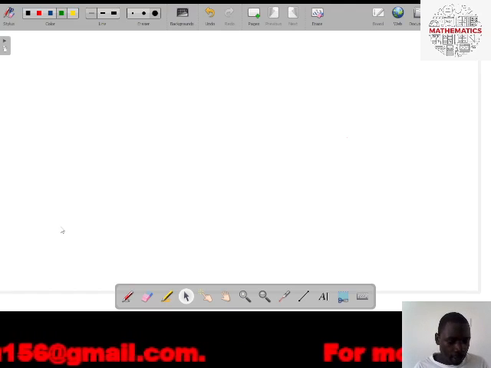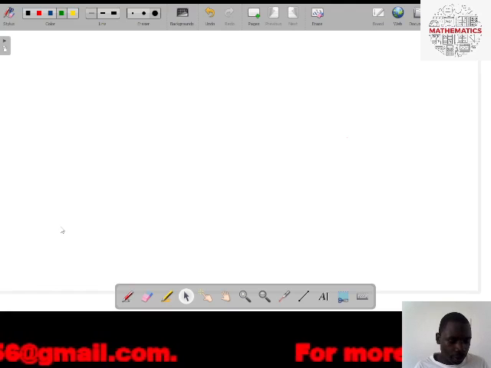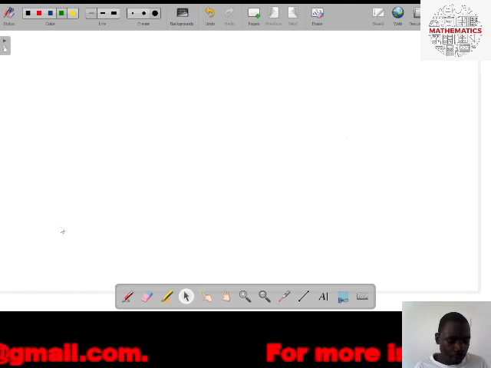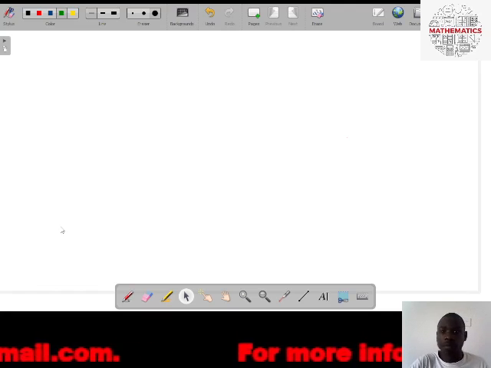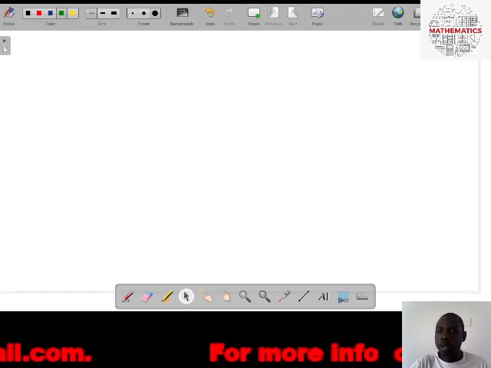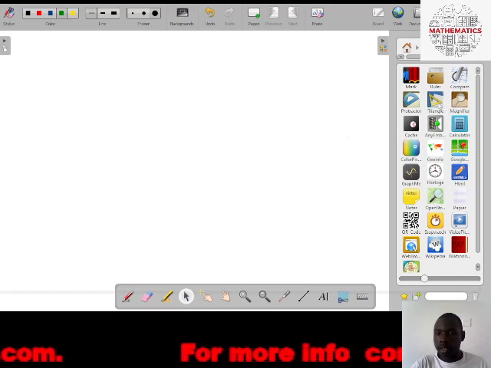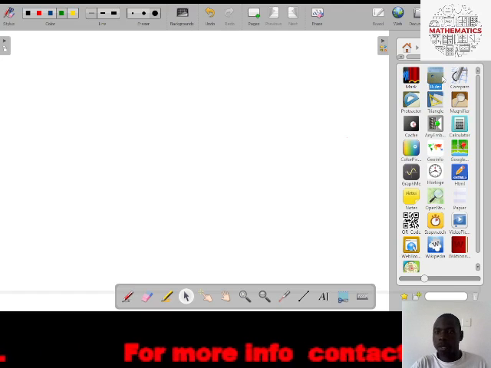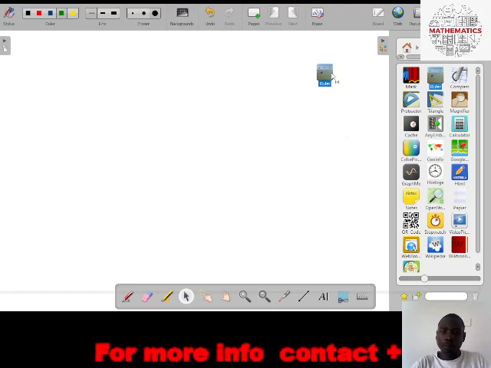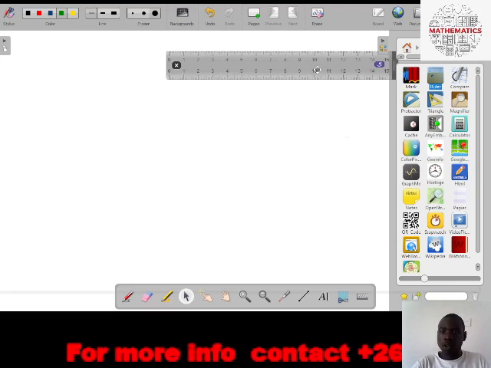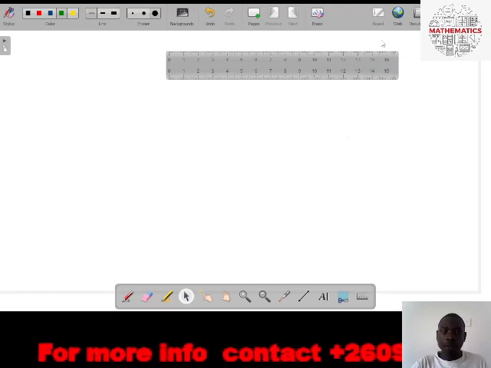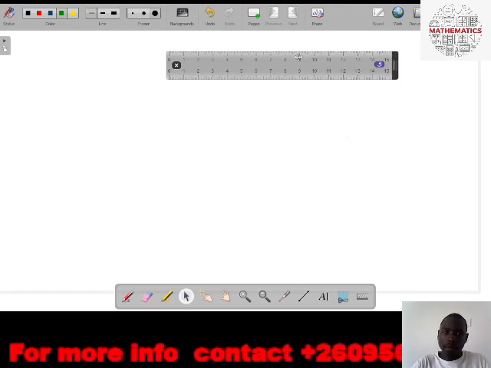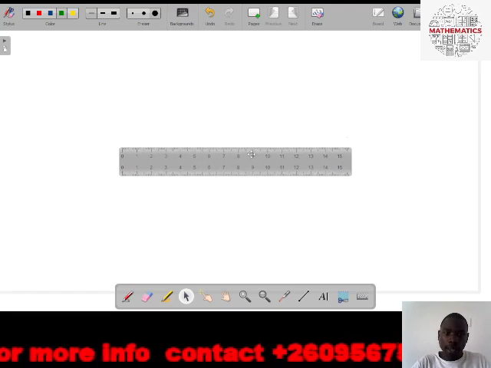They're saying in this triangle, side EF is equal to 11 centimeters. So we are going to open our straight edge. Okay, so that is my ruler there. So I'm going to measure the length.